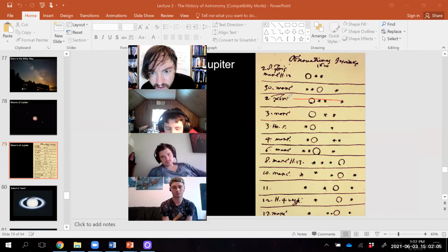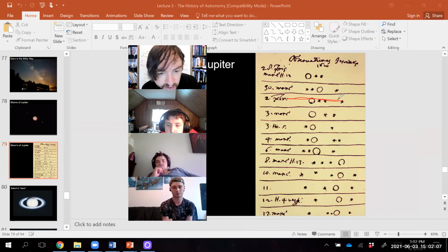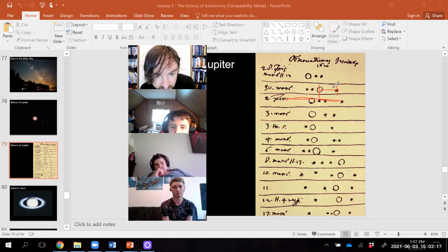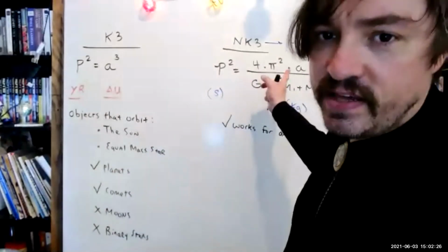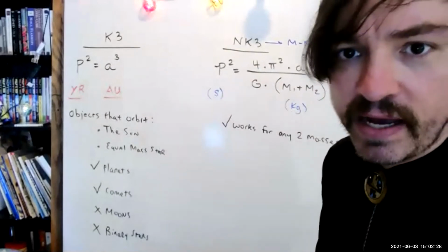Take the moon, let it go back and forth, and pow, you measure the period. You can also measure their angular displacement from the planet. That's an angle. And then you can convert that to a distance using the small angle formula. So it's actually possible to directly measure both the period and the distance of orbiting bodies.